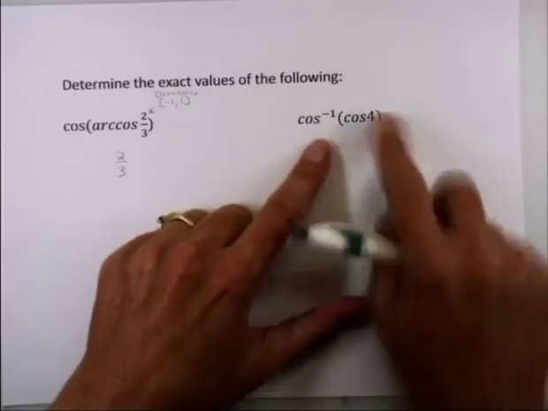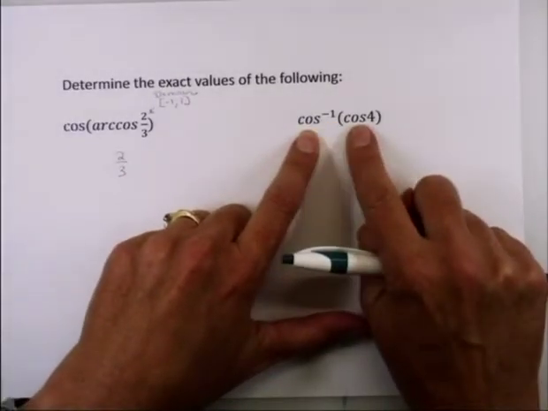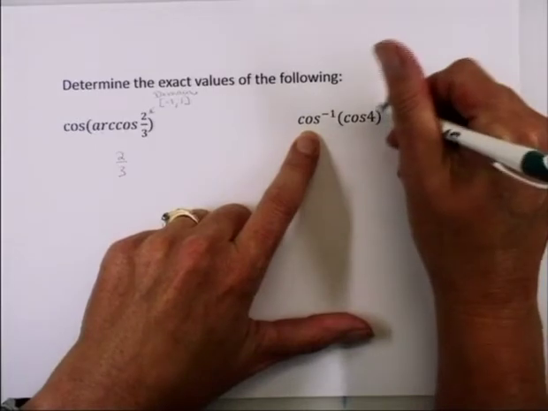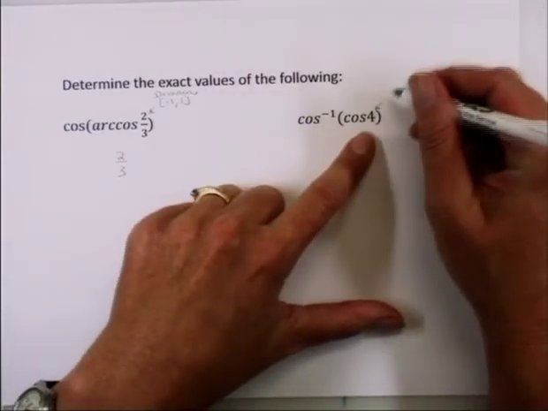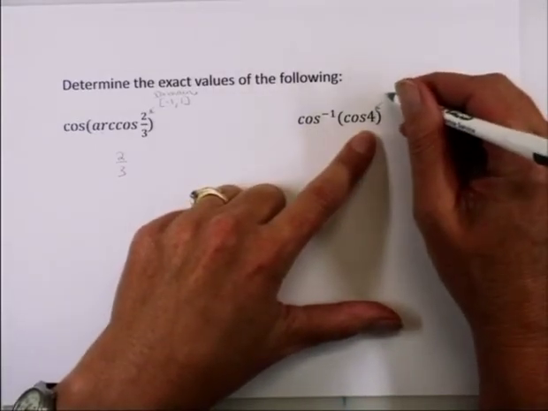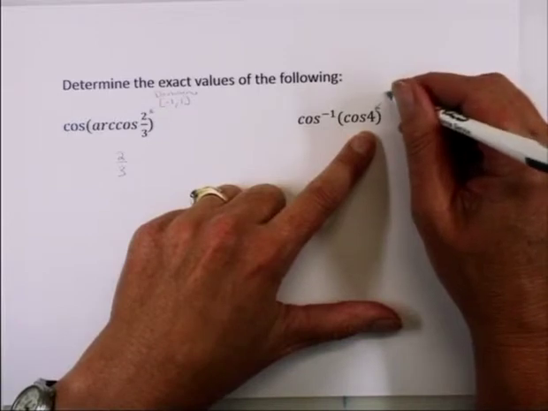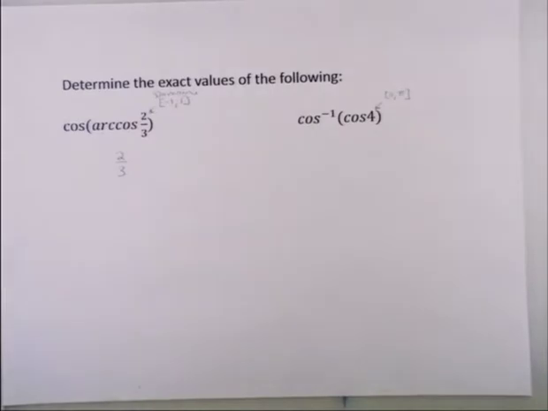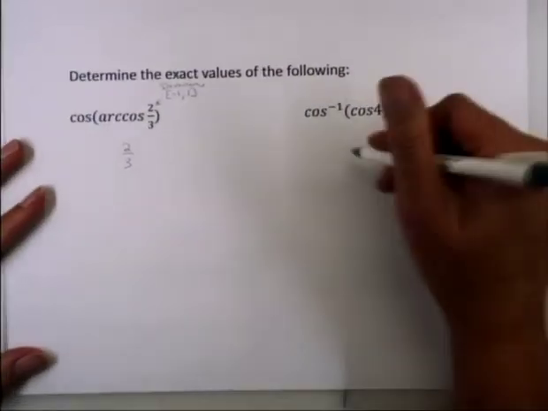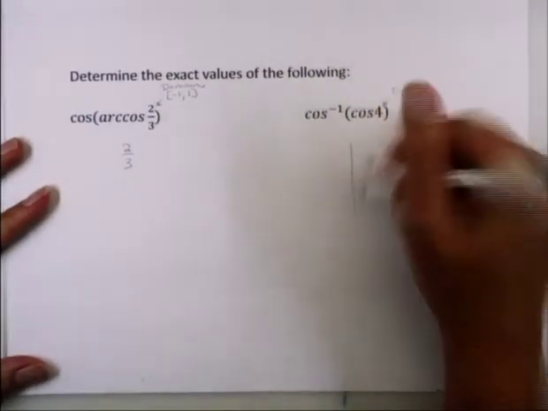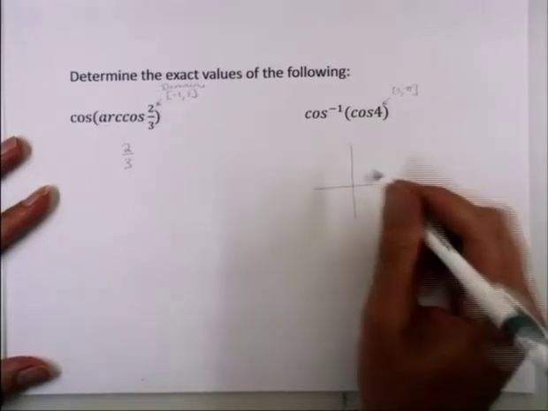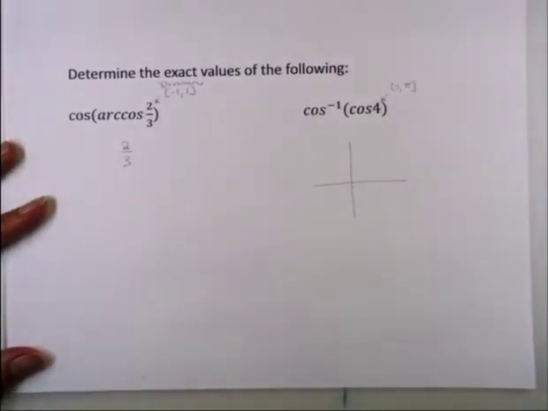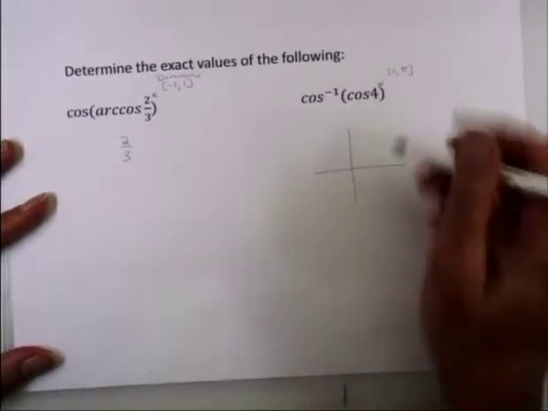Now let's look on this one. Notice the cosine inverse of the cosine. So this is the one where I have to consider my restricted domain, which in this case needs to be from 0 to pi, 0 to 180. So on my circle, I'm looking for 4 radians, and I think that 4 radians was about 229 degrees.